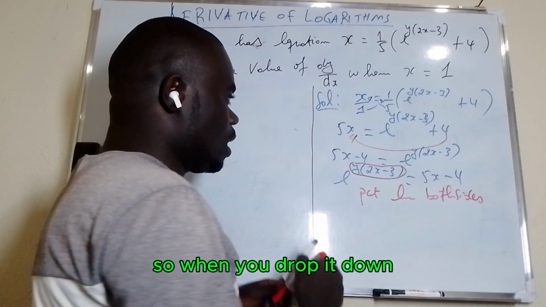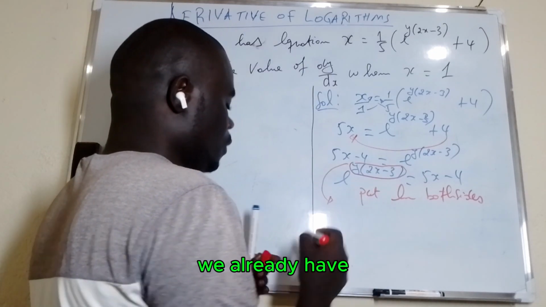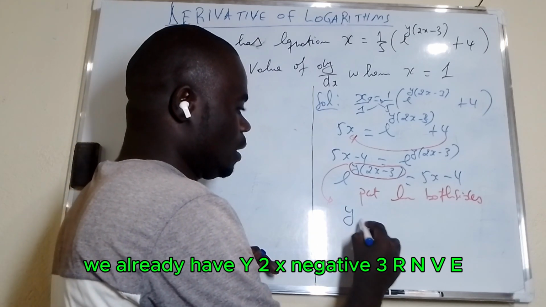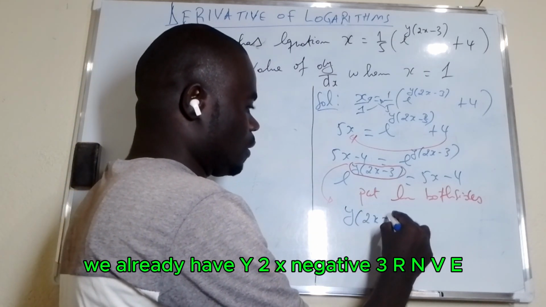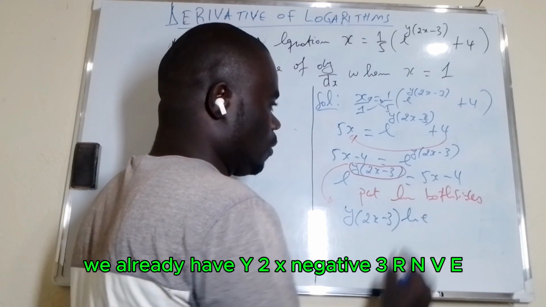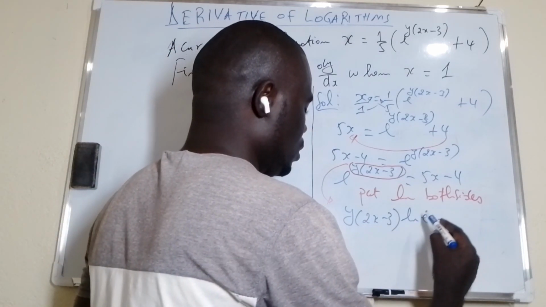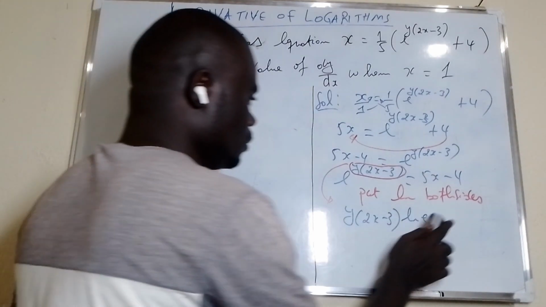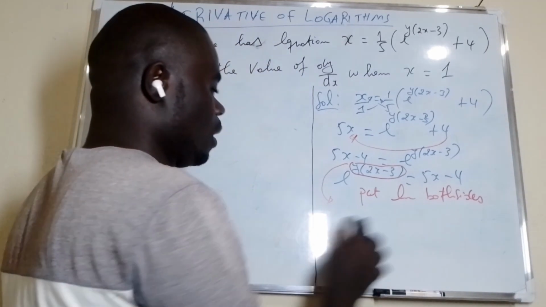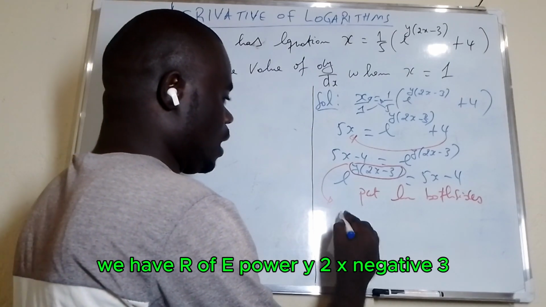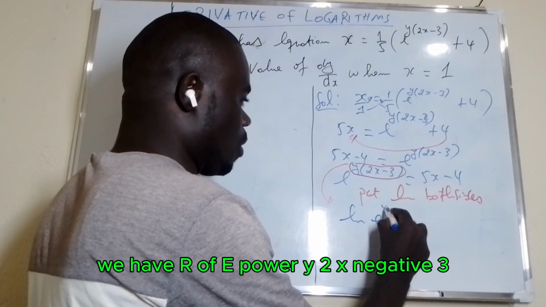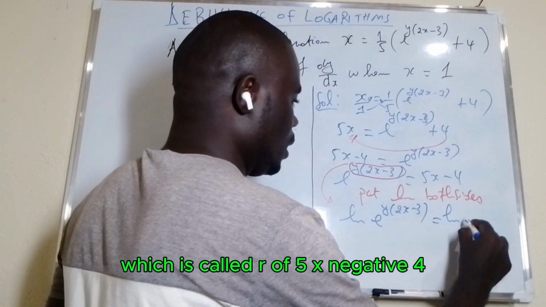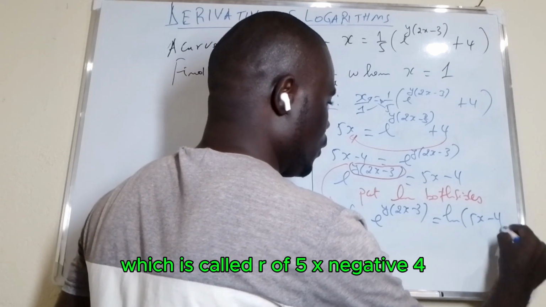So when we drop it down, we will have y(2x-3) ln e, which is equal to ln(5x-4).